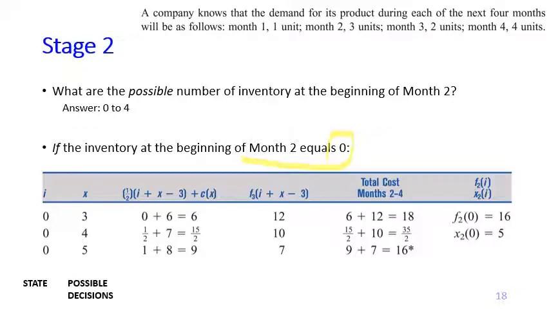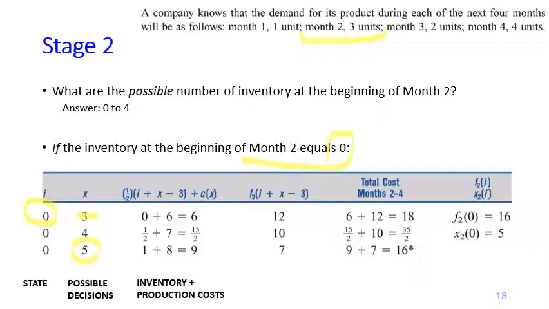Why do we start at 3? Because at month 2, the demand is 3 units. If you have nothing as the beginning inventory, of course, at least you need to produce 3 units. At most, you can produce 5 units because 5 is the maximum production capacity. And then you calculate the cost at this month.